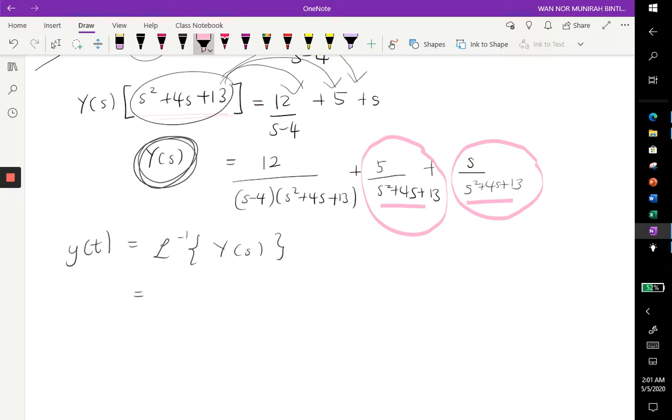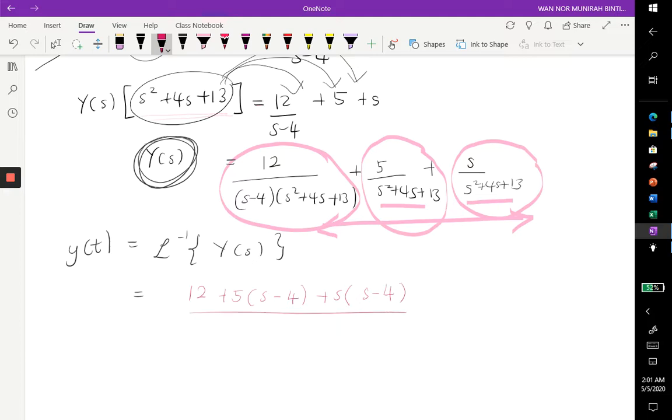Okay, and this one we cannot avoid doing the partial fraction. So let's say we just want to apply only one technique here, which is partial fraction. So we need to make sure that we have the same denominator for these three subfunctions. Okay, so I have 12 plus 5, you must multiply with s minus 4 to share the same denominator. So that is the idea. s minus 4, s squared plus 4s plus 13.